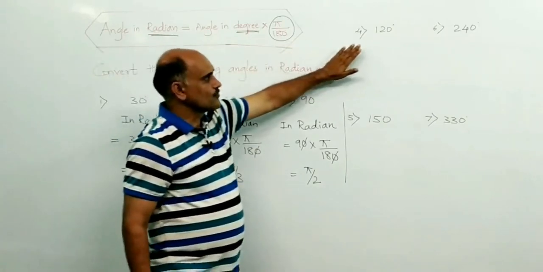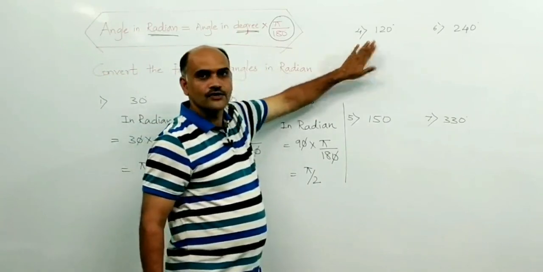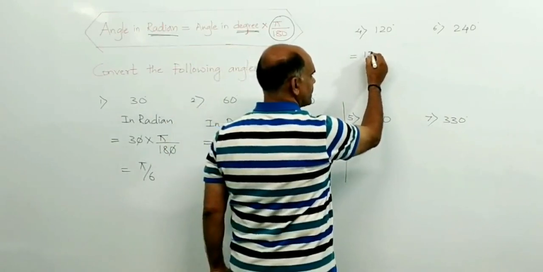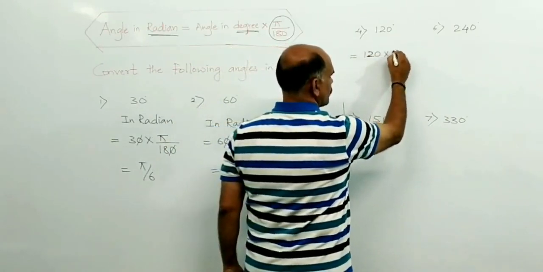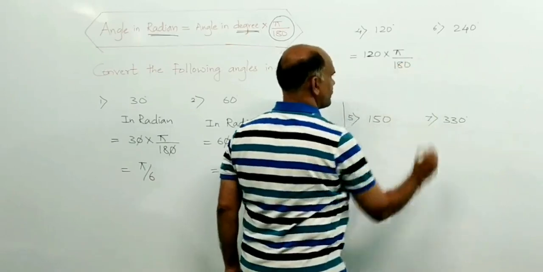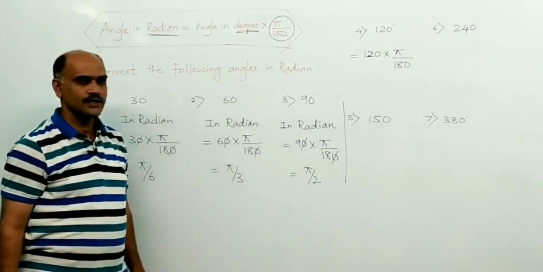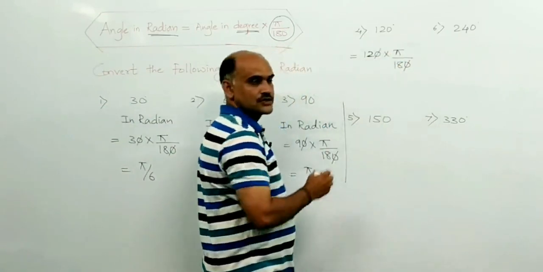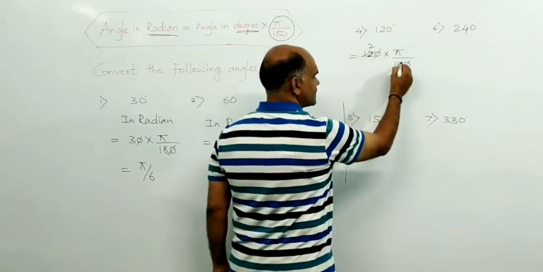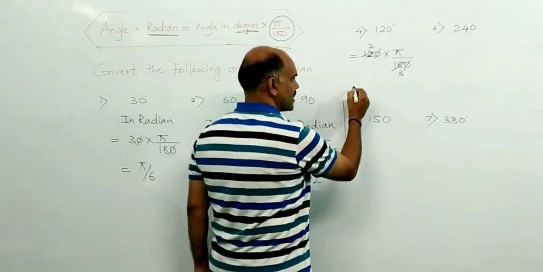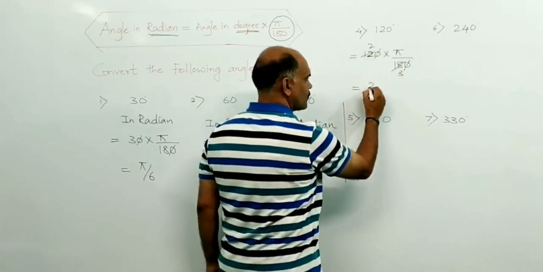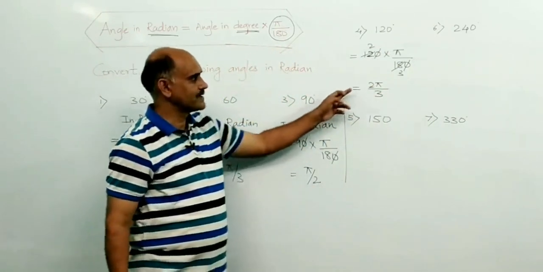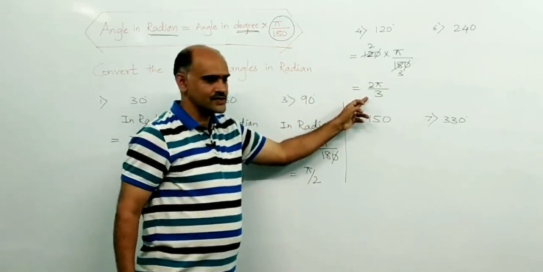Similarly you can try on your own. Try the fourth one, 120 degree. In radian you will have 120 into pi by 180. 0 gets cancelled. We have 6 twos are 12, 6 threes are 18. So the answer will be 2 pi divided by 3. Clear students?